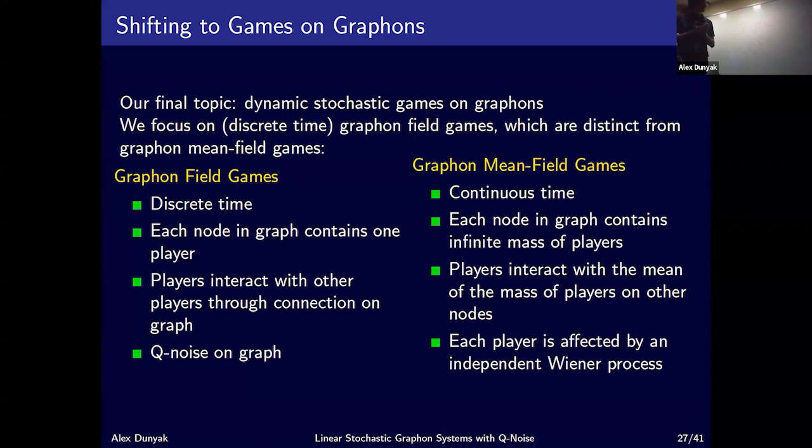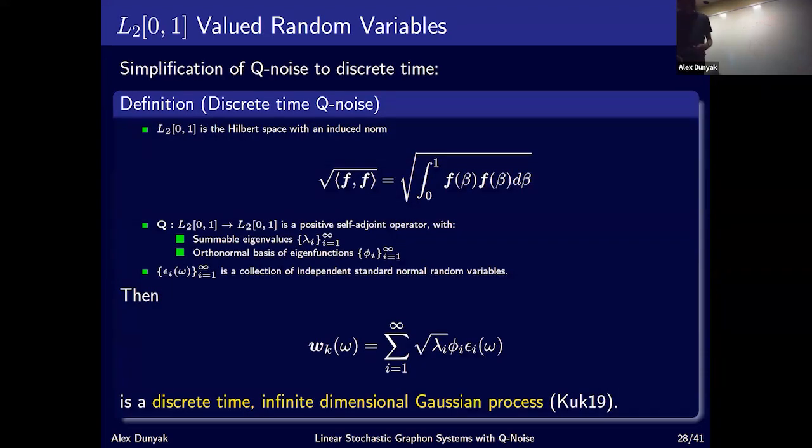And there is a Q-noise disturbance on the entire graph versus each player on each node being affected by an independent Wiener process. So our Q-noise can be simplified in a very straightforward manner.